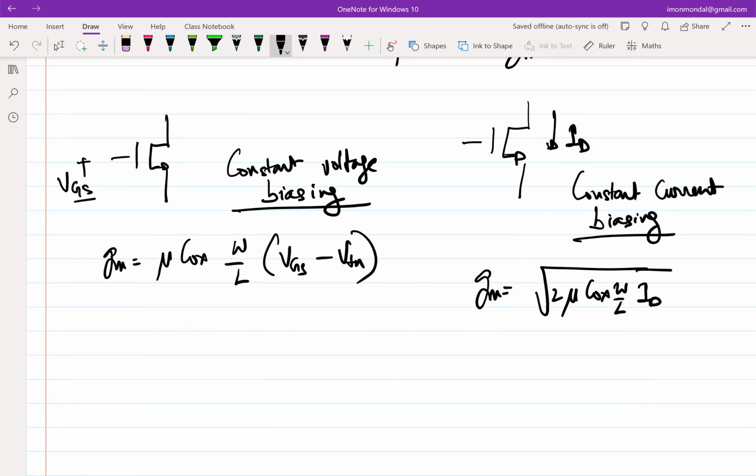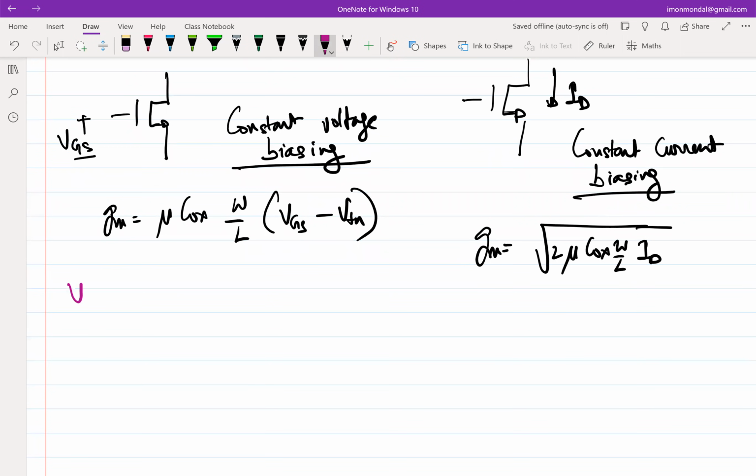Okay. So now let's assume that your threshold voltage has changed for whatever reasons. Threshold voltage is dependent on many parameters which are outside our control. So if the threshold voltage changes from VTH naught to, let's say, VTH plus delta VTH, how much will the GM change? GM initially was, let's say, GM naught.